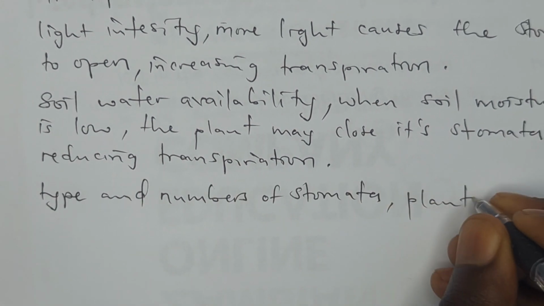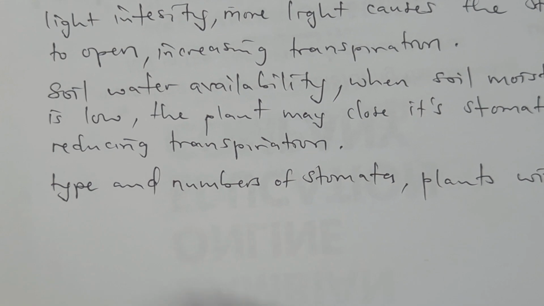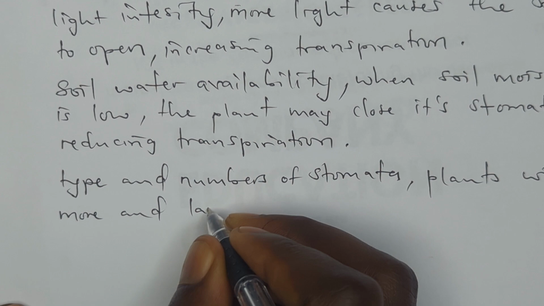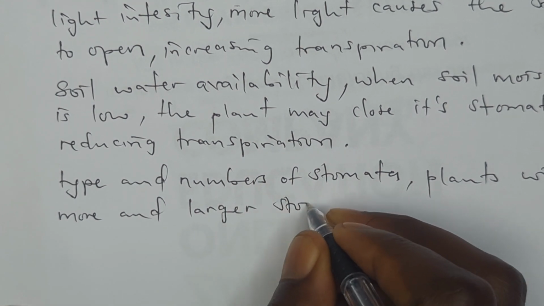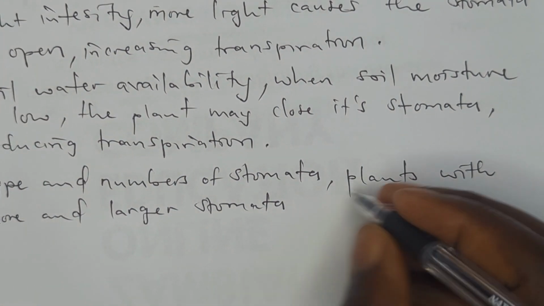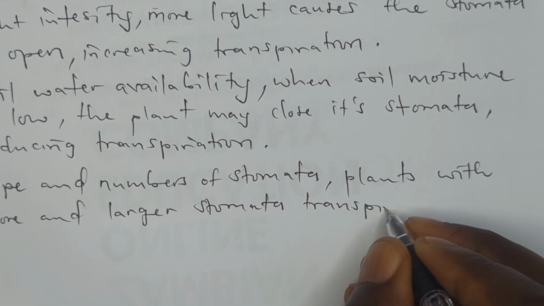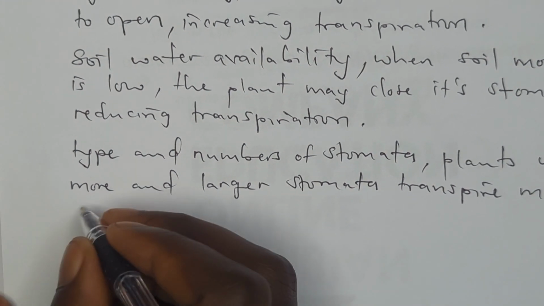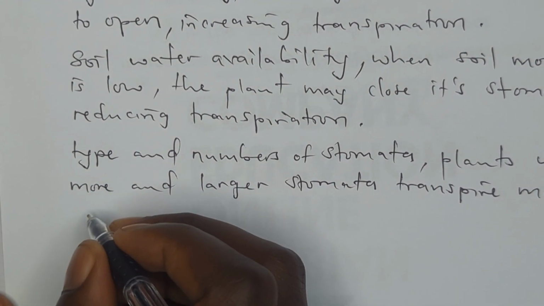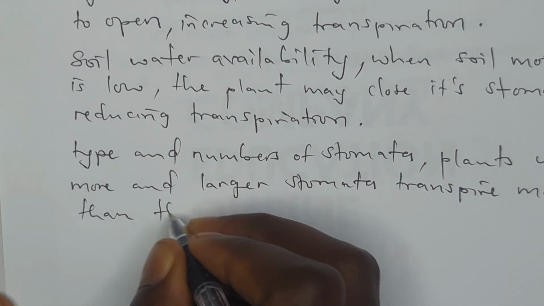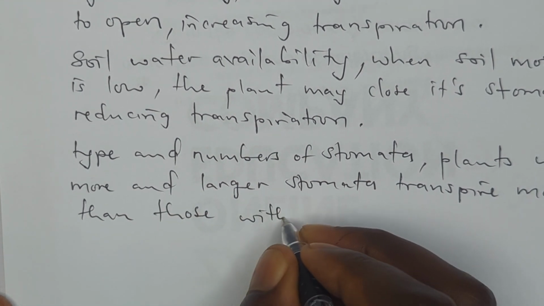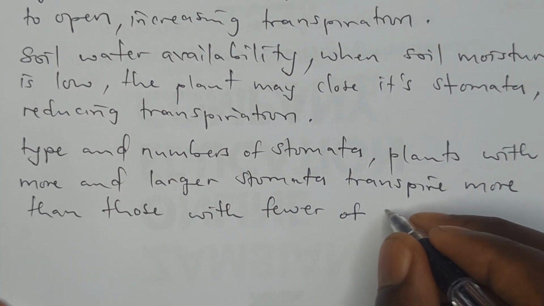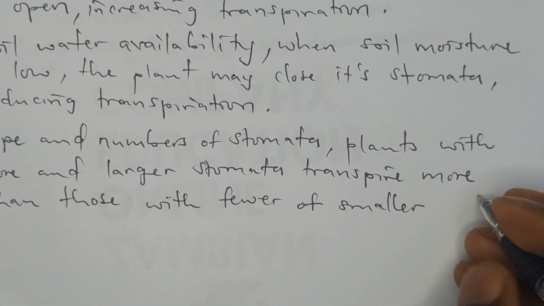So plants with more and larger stomata transpire more than those with fewer or smaller stomata.